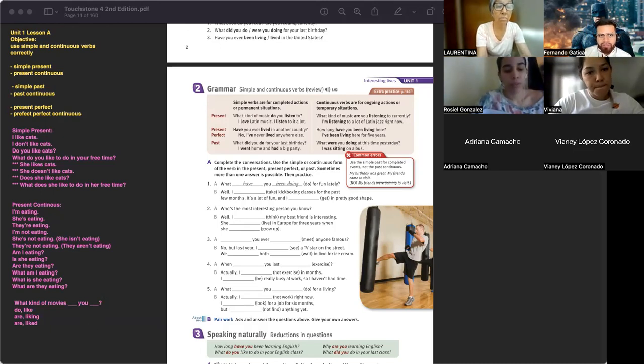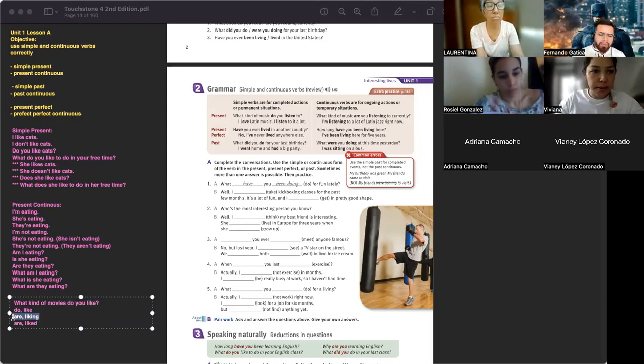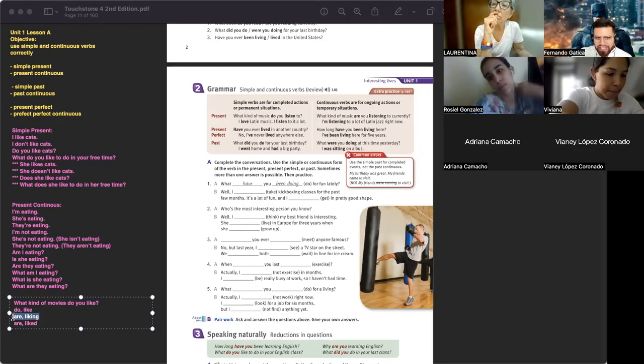The first one. What kind of movies do you like? Now, grammatically, are you liking is correct. What kind of movies are you liking? But it would be very weird to ask it. ¿Qué tipo de películas te están gustando? It's kind of weird unless you're in the situation of watching a lot of movies at that specific time.